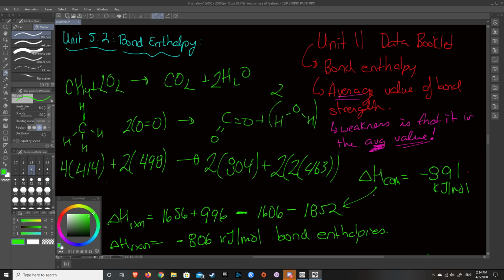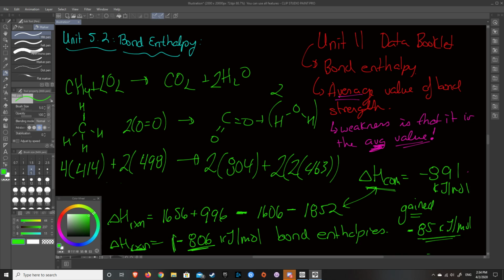So you can see the bond enthalpies misjudge this. Let's see by how much: 891 minus 806. Somewhere we've gained 85 kilojoules per mole of energy. We've released more energy in the combustion data than we have from the bond enthalpy data.